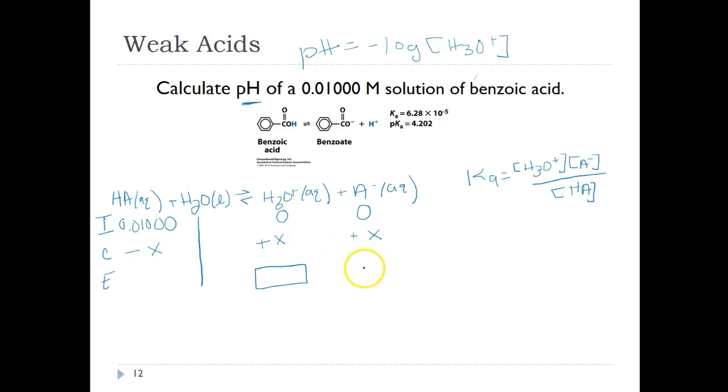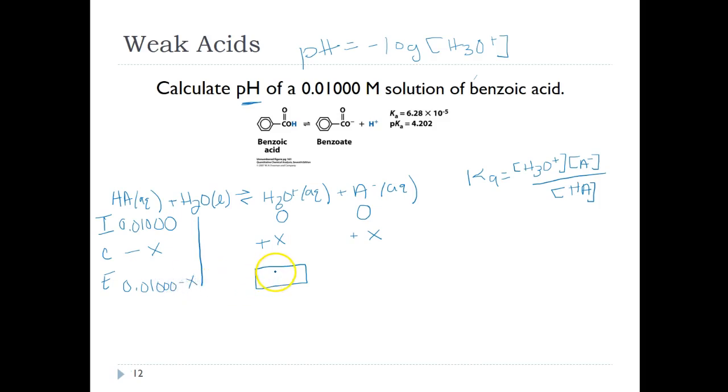But what we don't have are any actual values to put in here as the equilibrium concentrations. But we know that they will be, in this case, 0.01000 minus X. We just don't know what X is.